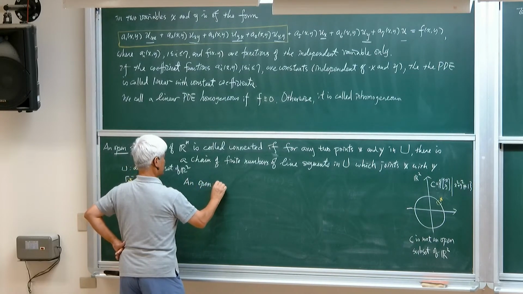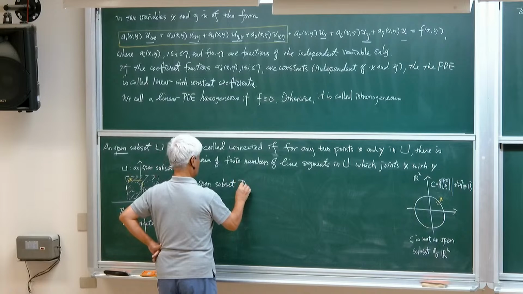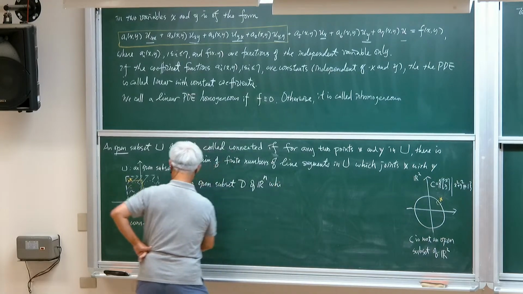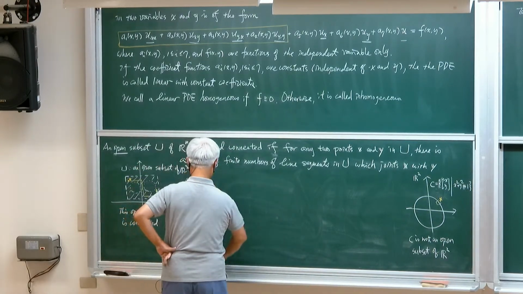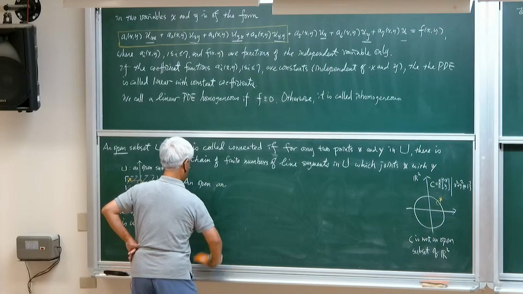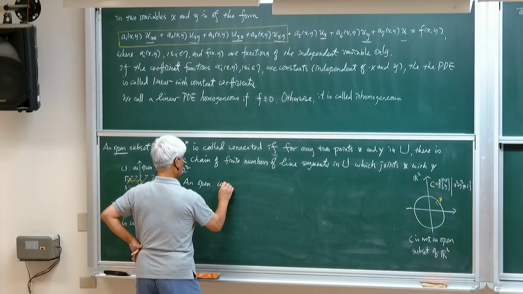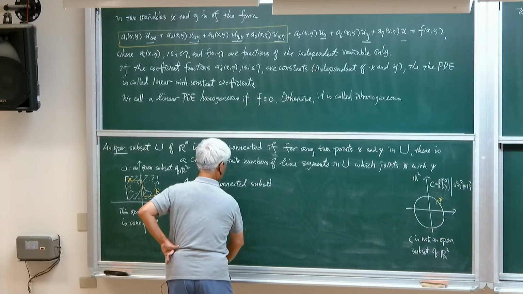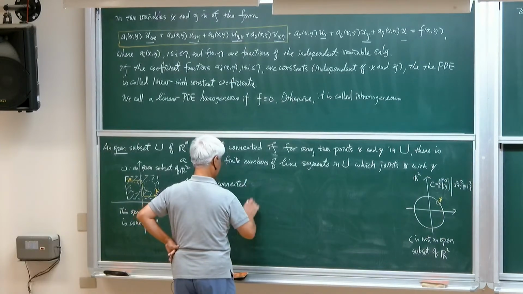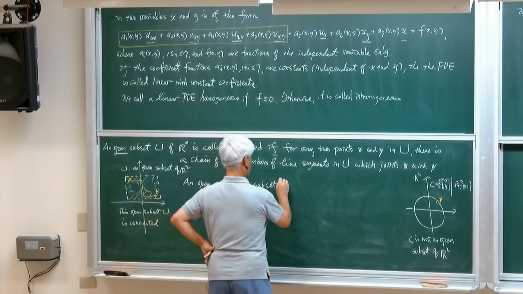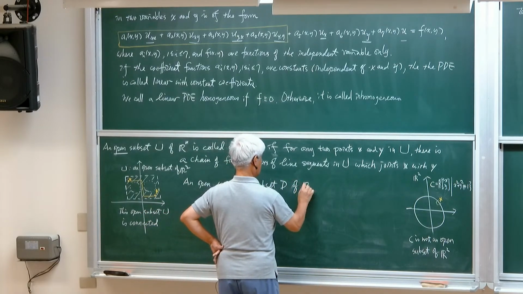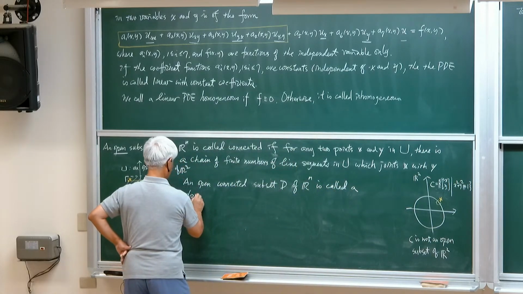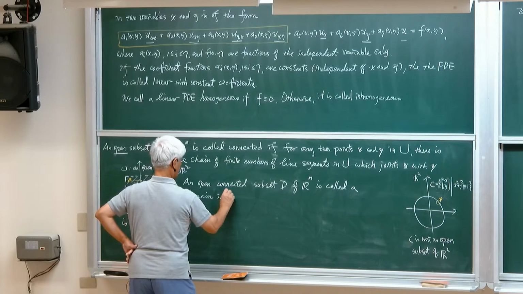Now, an open subset D of Rn which is open and connected is called a domain in Rn.